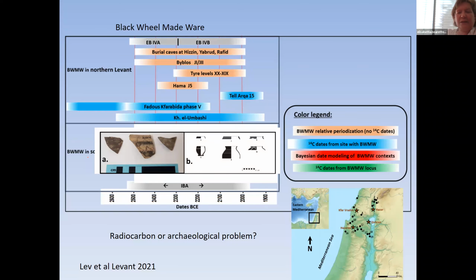And this black wheel made ware is a very characteristic pottery, black with white drawings, and it has been given a lot of social meaning in understanding what is going on in the IBA in the southern Levant, because the IBA in the southern Levant is made of small sites. People are moving around.